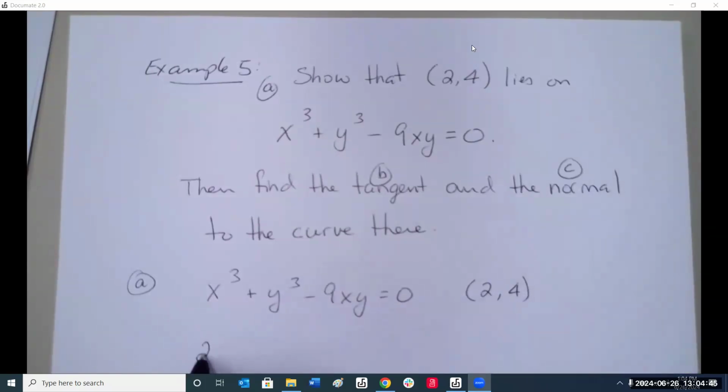So 2 cubed plus 4 cubed minus 9 times 2 times 4.